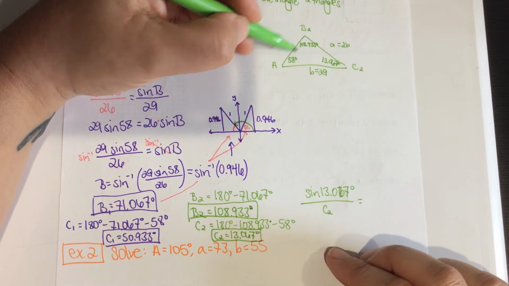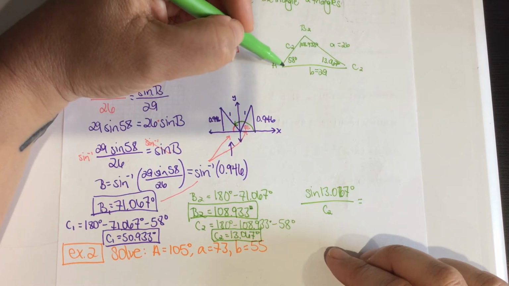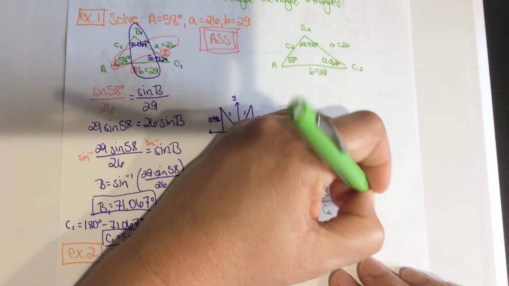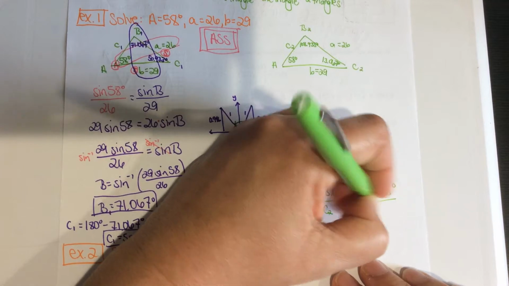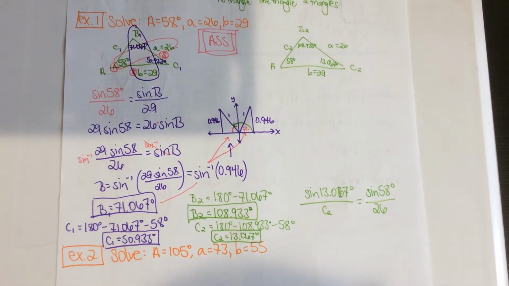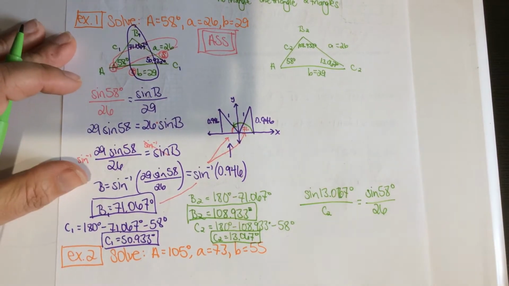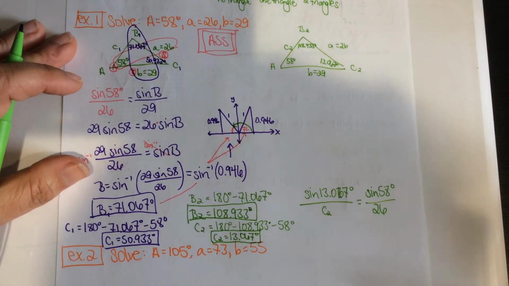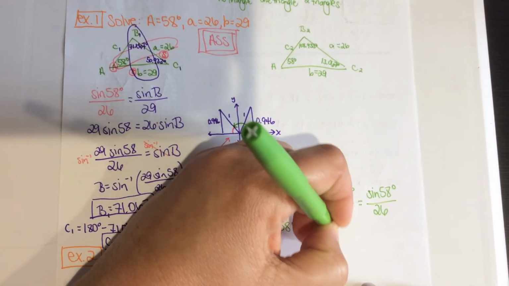This is already rounded. Neither of those are rounded. Okay, so always go back to the given information when you're finding the last value. And then cross multiply and solve. I'm not going to show work for that because we did that a ton last time. I'm just going to type it into my calculator and get that C2 is 6.932.